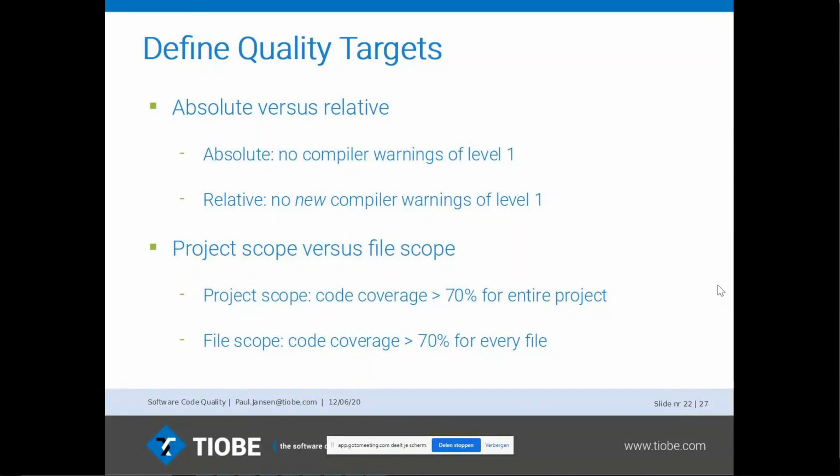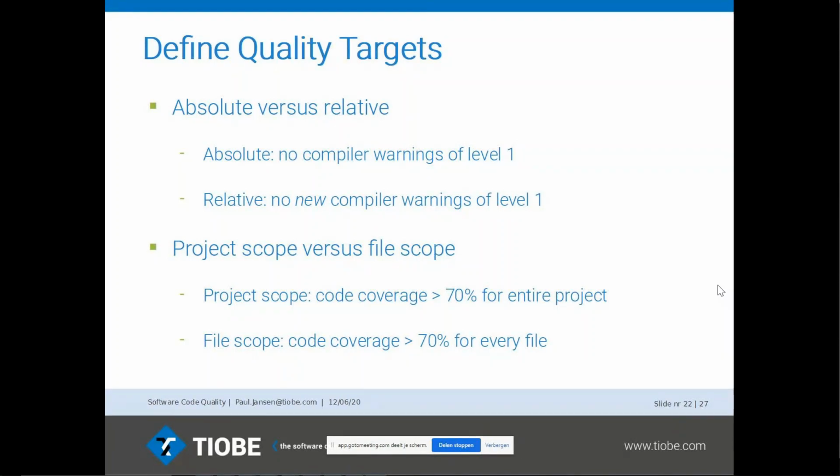You have to keep in mind that that also means, suppose you have already a very big system with lots of issues from the past, the person who's making a very small change in a file gets blamed for something he didn't do. Because there were maybe already 20 compiler warnings of severity level 1 in the system. And if you say, I have an absolute target, that person has to solve these 20 issues, although that person didn't introduce these compiler warnings.